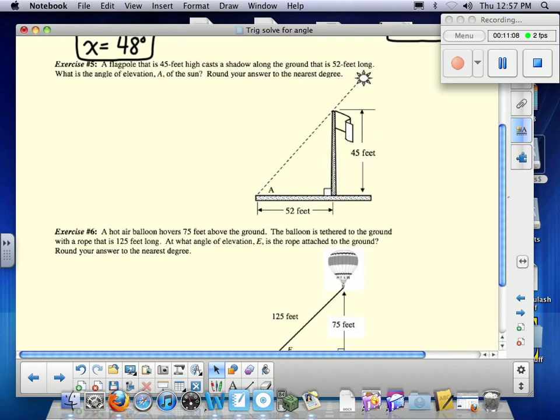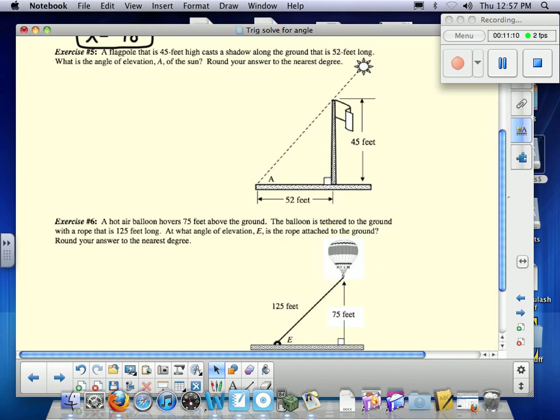All right, let's pretend that these beautiful pictures are something that you actually might care about in your life. A flagpole is 45 feet high. It makes a shadow on the ground that's 52 feet long. We can find what's called an angle of elevation here. So this is our angle we have to find. Label.